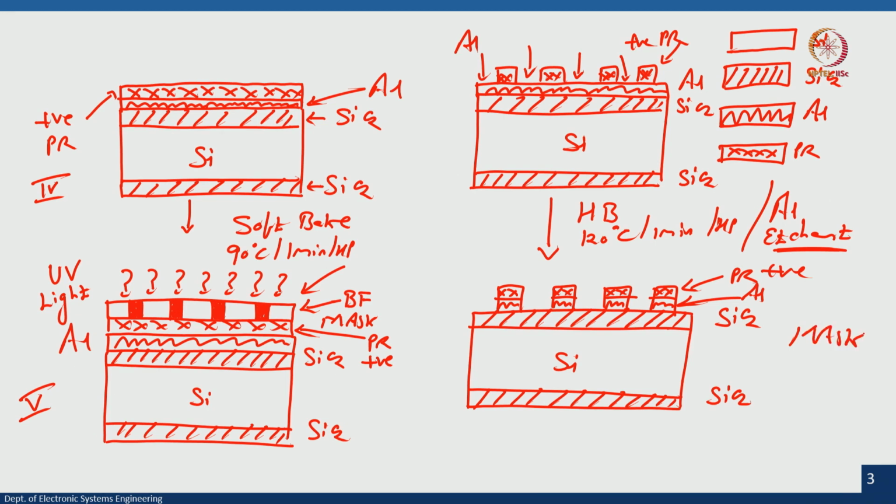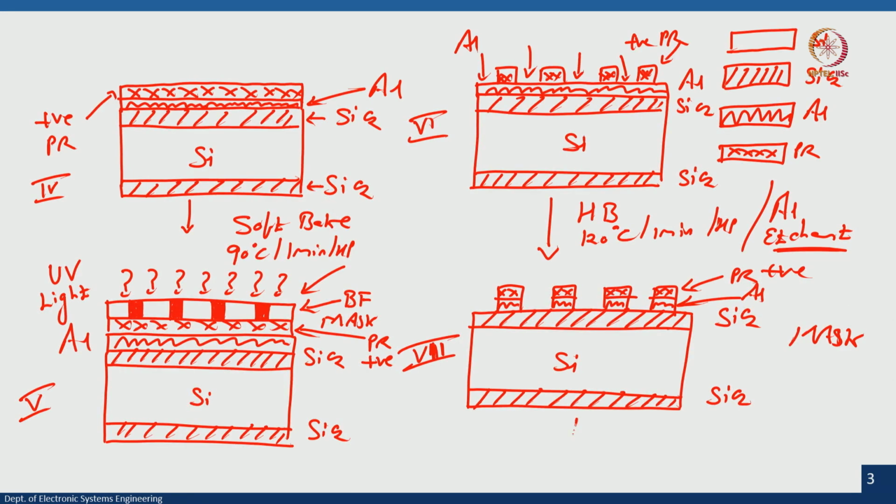So, the role of photoresist is to act as a mask. Okay. Now, the next step, so we are at 6 and 7. Next step is that we need to strip the photoresist.